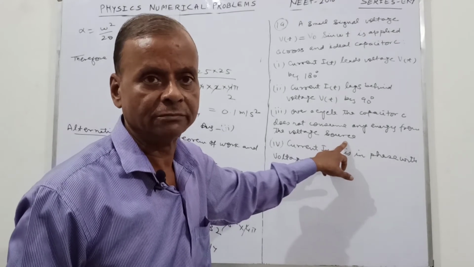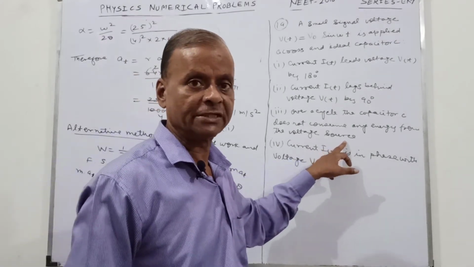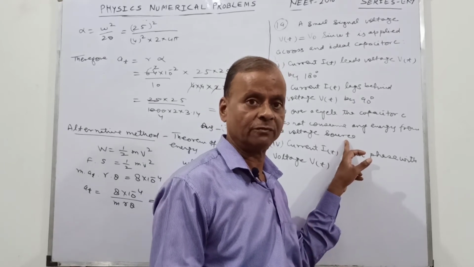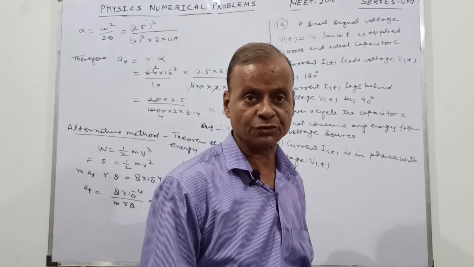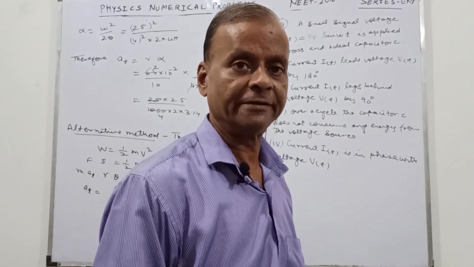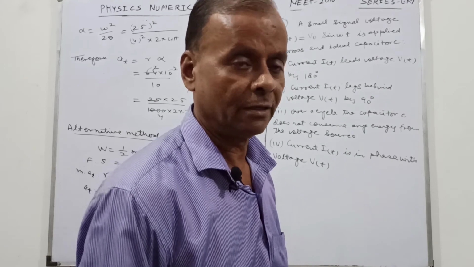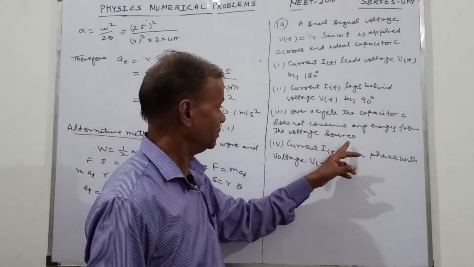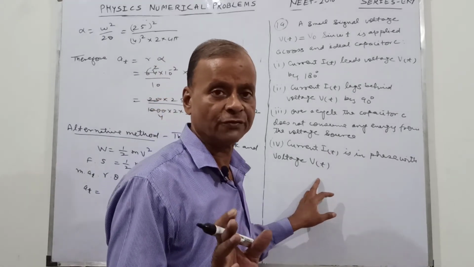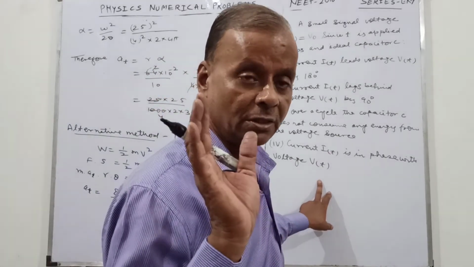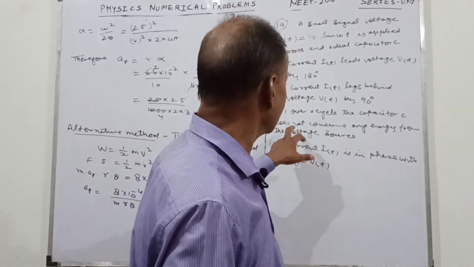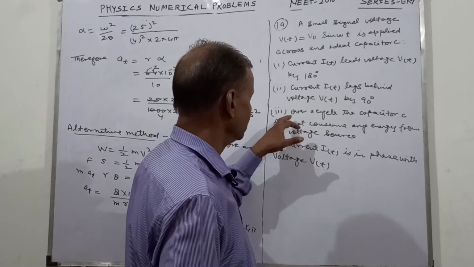This is the correct one, because we have seen that in one cycle, first energy is taken from the source, and then this is returned to the source. So no energy is consumed in one cycle from this voltage source. Current I(t) in phase is wrong, because in case of a capacitor, current is not in phase with the applied voltage. So the only correct option is the third one.